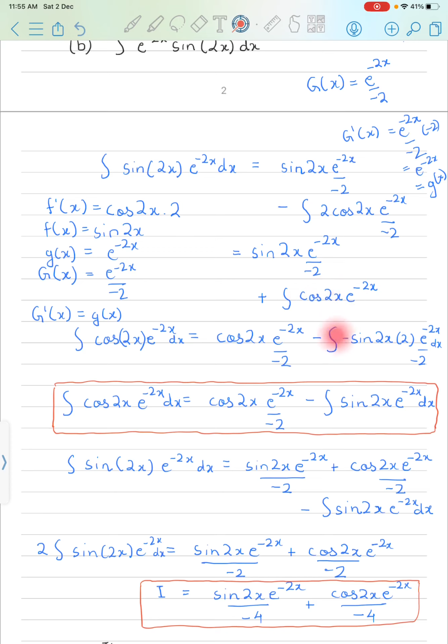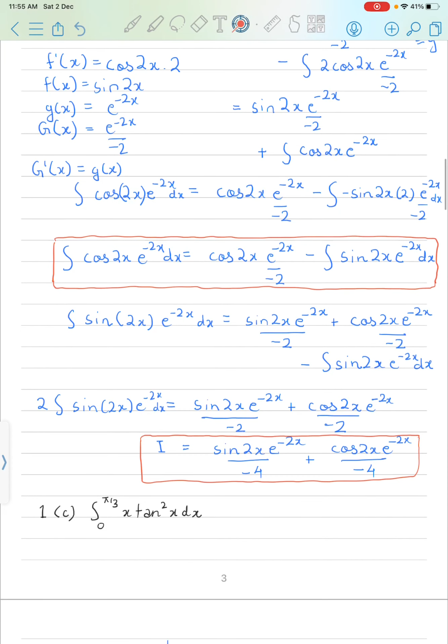Now this will be cos 2x e to the power minus 2x by minus 2, and then minus sine 2x e to the power minus 2x dx. And then if you take this term here, you will get 2 times this integration, and this will be equal to this one plus this one.